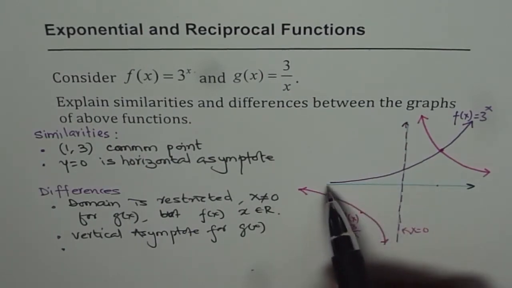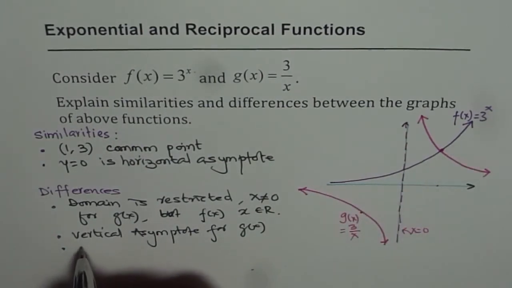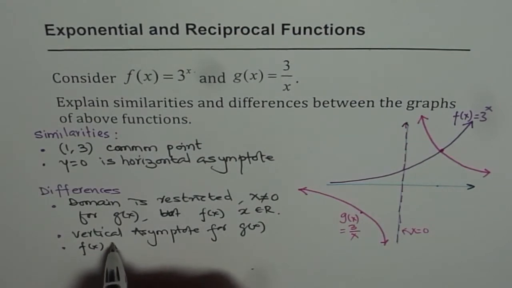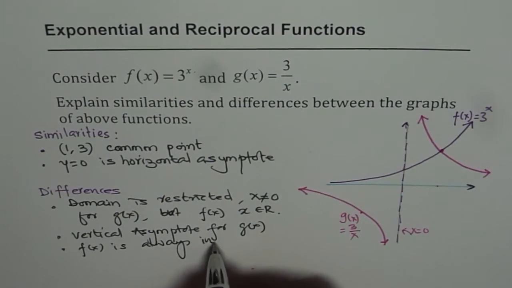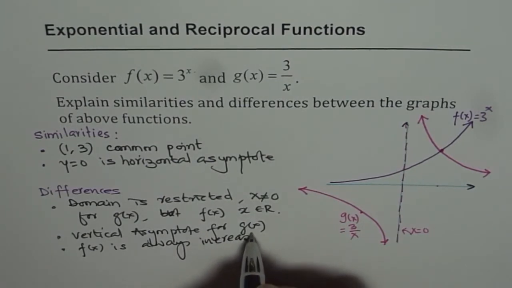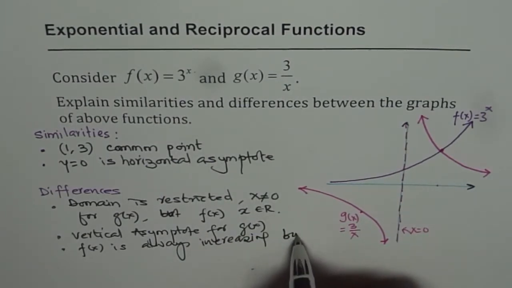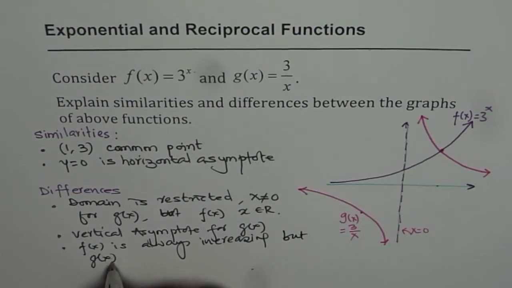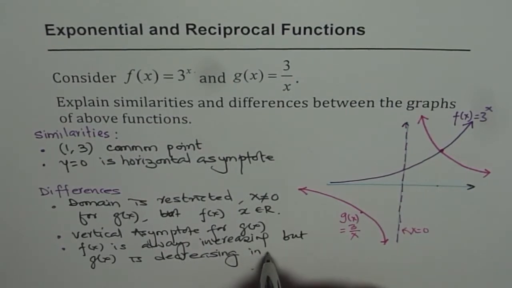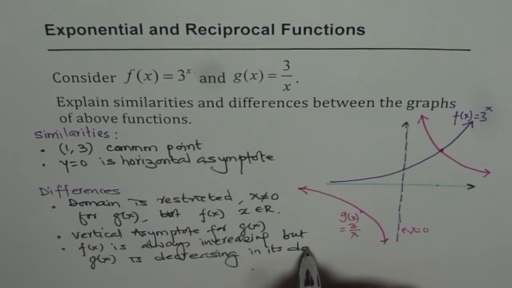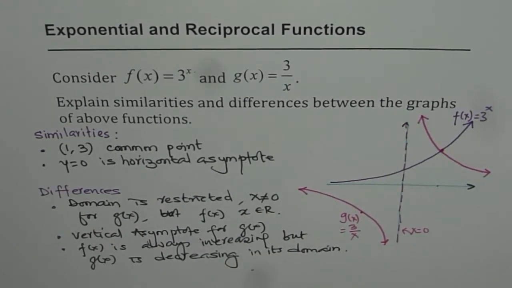But the exponential function is increasing. So we have f of x always increasing, correct? But g of x is decreasing in its domain. So these are the differences which we can highlight in this particular case.